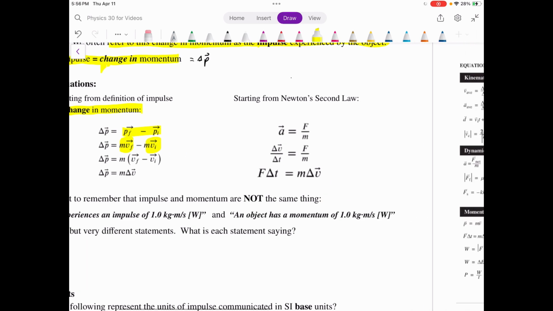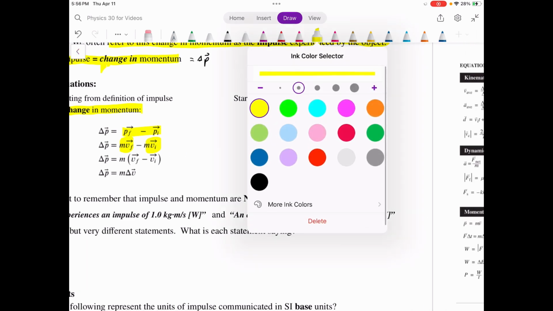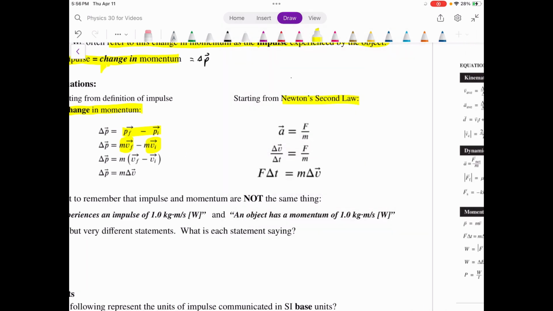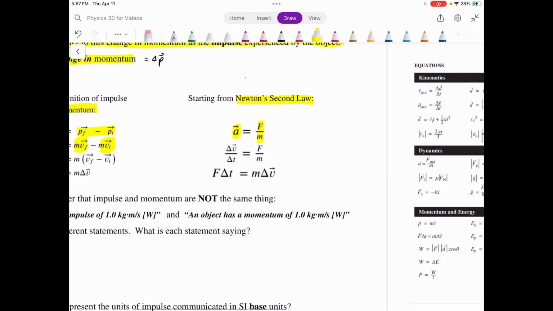We can also do it by starting from Newton's second law as we learned it in Physics 20, right? The acceleration of an object is equal to the force acting on it divided by its mass. And acceleration is just change in velocity over change in time, right? So multiplying both sides by time and then multiplying both sides by mass, we get, again, this equation from our formula sheet.